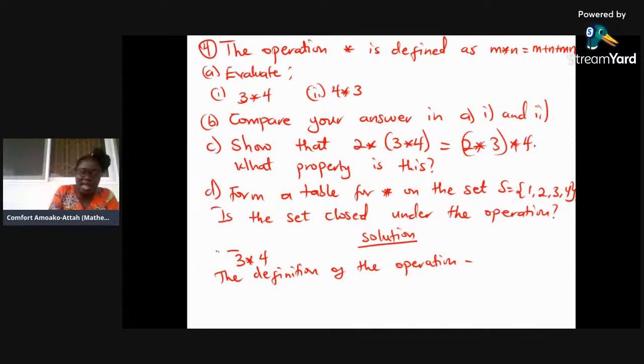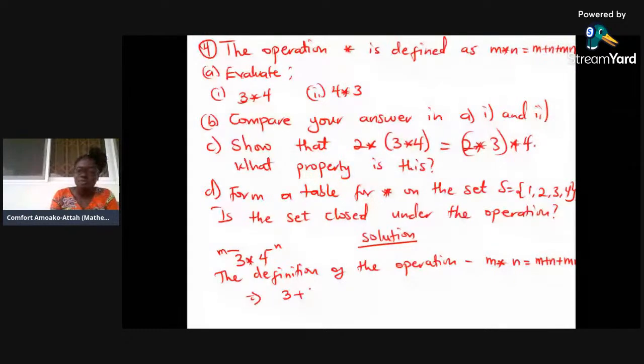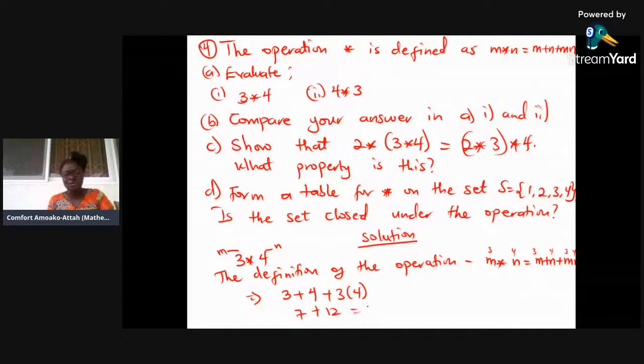Wherever you see N, you also fix in 4. So we have M star N equals M plus N plus MN. Okay, so this will give us 3 plus 4 plus 3 times 4. So this is giving us 7 plus 12. That is giving us our final answer to be 19.